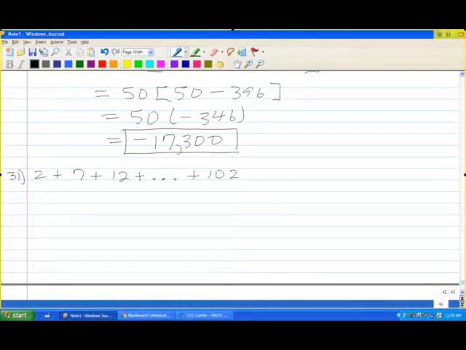In exercises 31 through 33, find the sum of the arithmetic series.